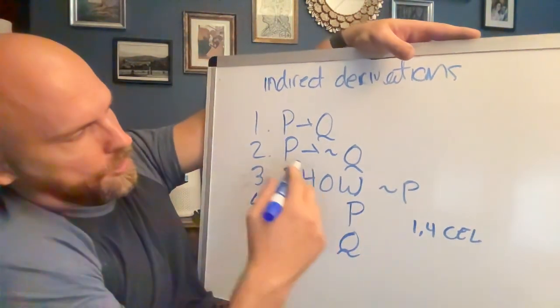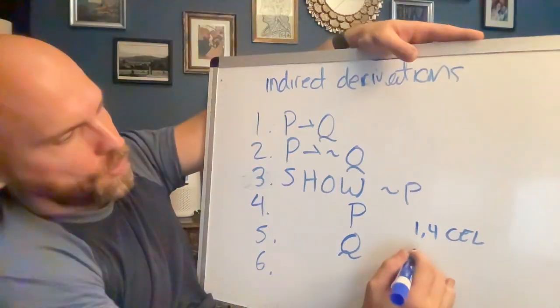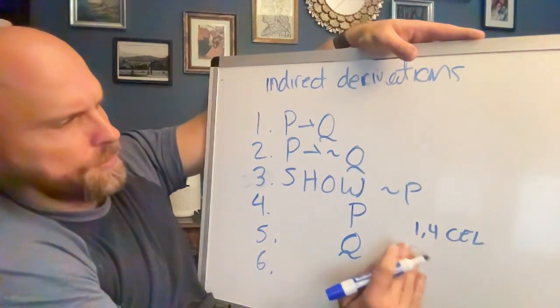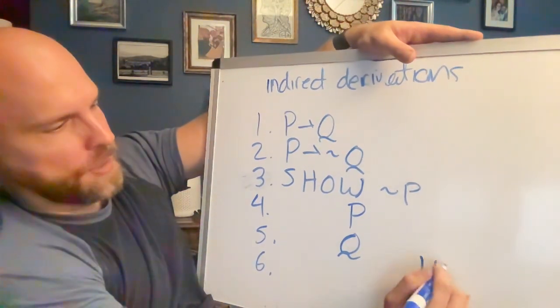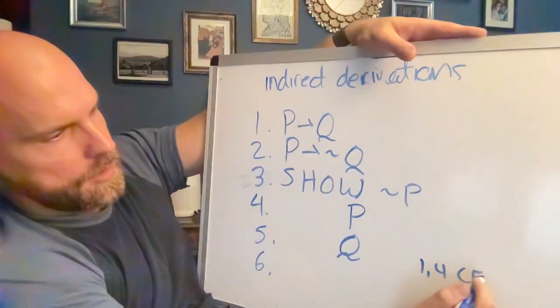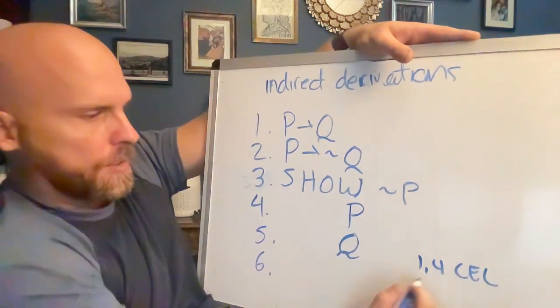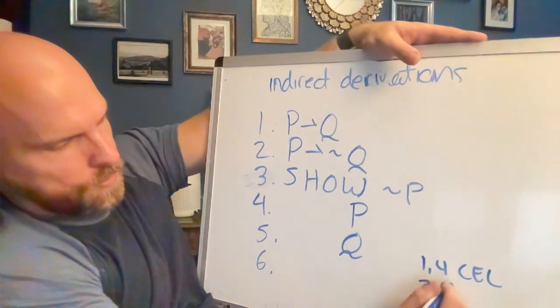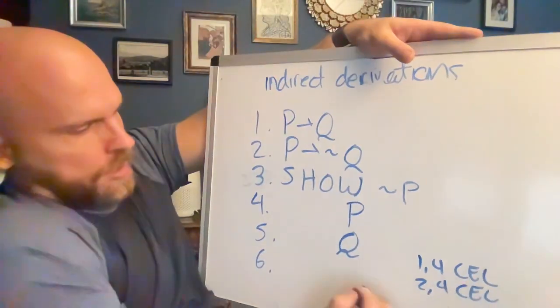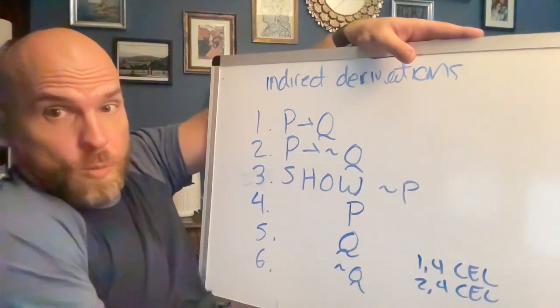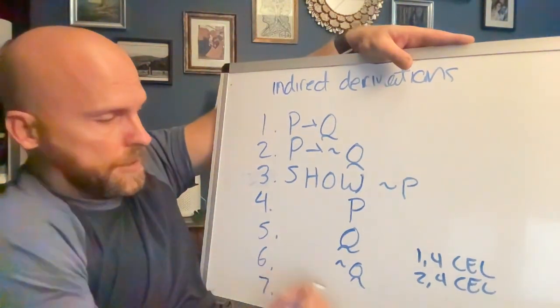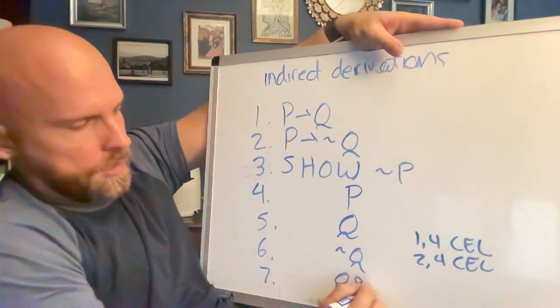Now, similarly, from line 2 and 4, oops, no, I'm sorry, I wrote that too high. Conditional elimination, and then from 2 and 4, conditional elimination, you got not Q, dun dun dun. Line 7, you have Q and not Q.